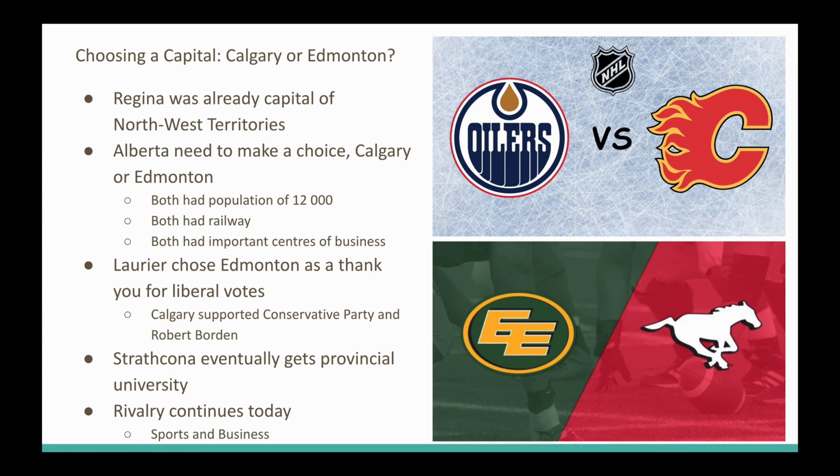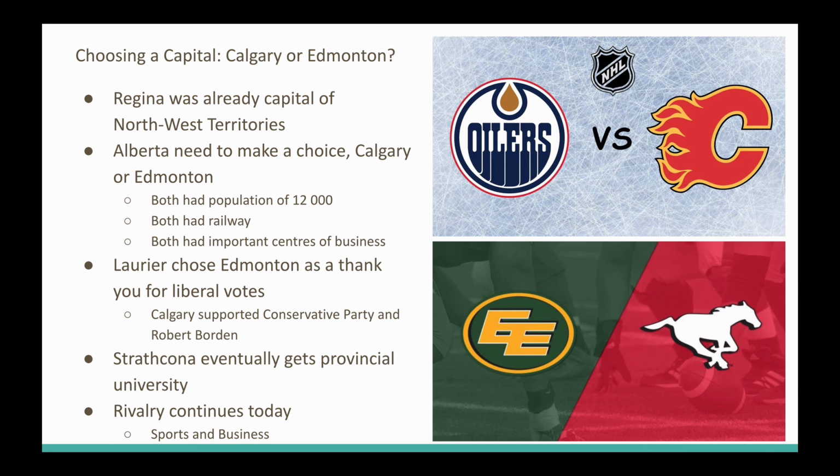So this is not the best news for Calgary, but Calgary is okay because then Calgary thinks that they are going to get the provincial university, because one major city typically becomes the capital and the second major city will then be granted the university. So they're okay. They're like, okay, no problem. We're going to get the university.